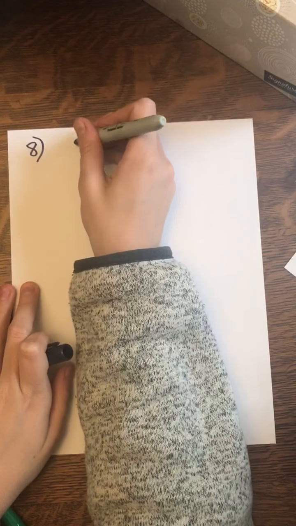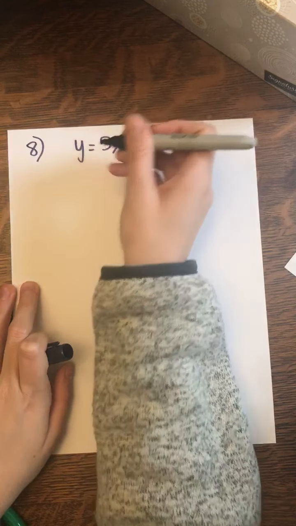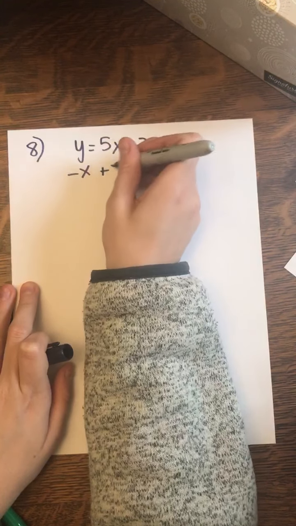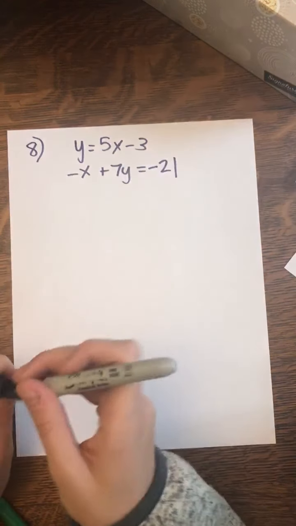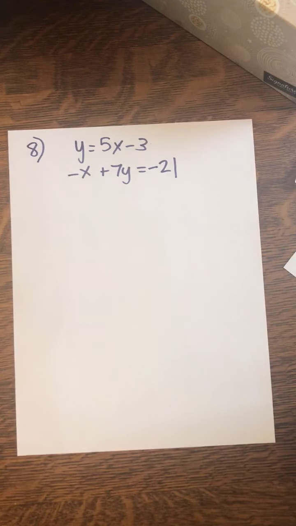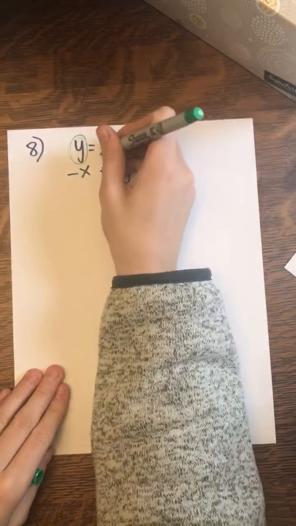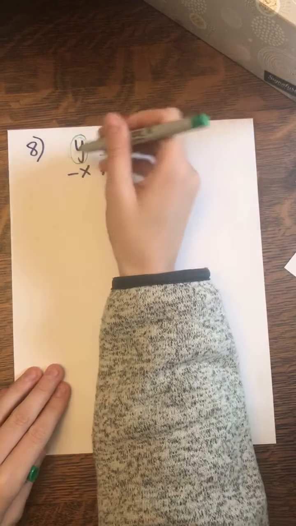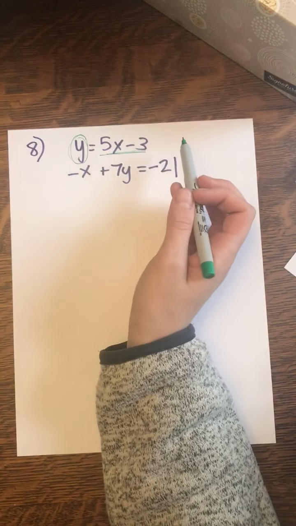In question 8, we have a system, y equals 5x minus 3, and then we have negative x plus 7y equals negative 21. Well, the awesome thing again here is that to use substitution, I know what my y value equals, 5x minus 3. That is given in the equation. y is the same thing as 5x minus 3.